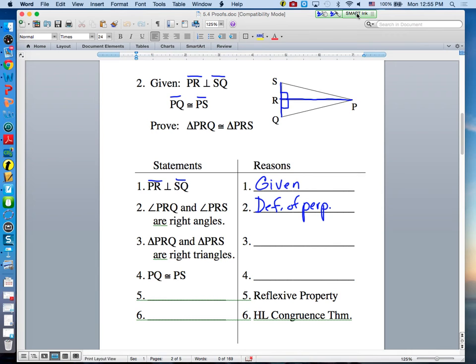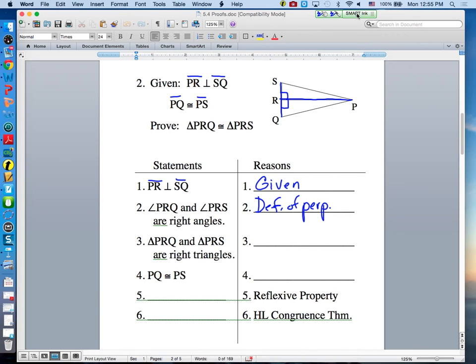Now number 3 says, is that the same thing as line 2? Be careful. It's triangles now. Instead of just right angles, now it's saying right triangles. What kind of a relationship up there needs right triangles? Hypotenuse leg. So this is probably going to be a hypotenuse leg proof. That's why that's in there.